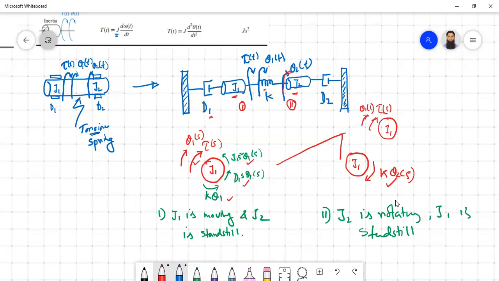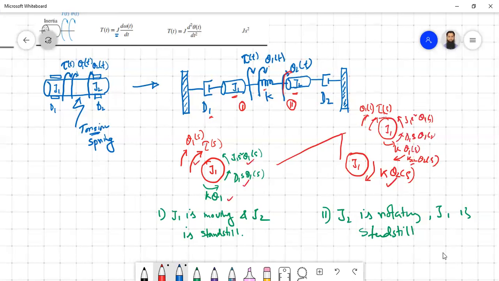Then you have the opposing forces: J1 s squared theta 1s, D1 s theta 1s, as well as K theta 1s. And the other one that is additive, you can give maybe this direction here, that is K theta 2s. So bottom line, these two have the same direction and the other 3 are in the opposite direction.